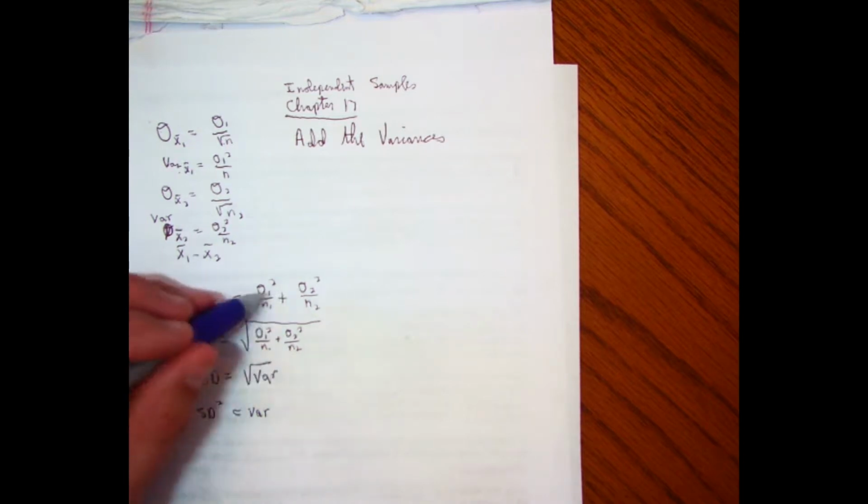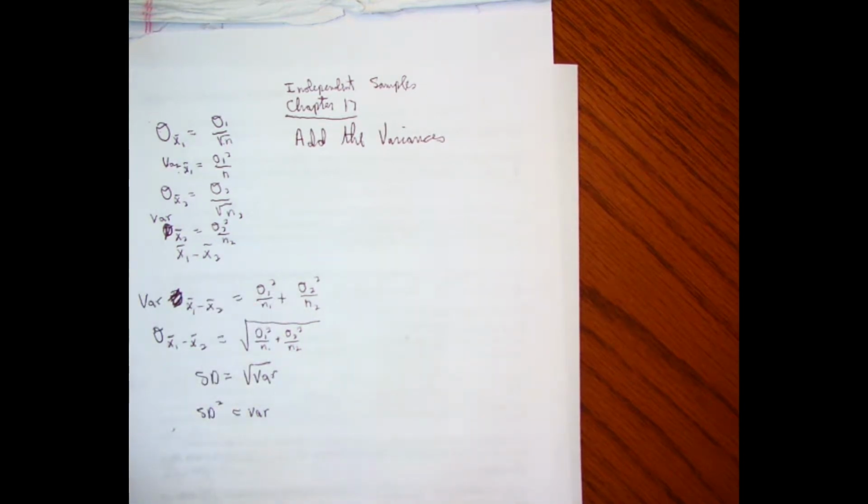Even though we're subtracting, we still add the variances. So that's the sum of the variances, which gives us the variance of the difference in the two means. Then to get the standard deviation, you simply take the square root of that sum, and that gives you the standard deviation of the differences in the means.